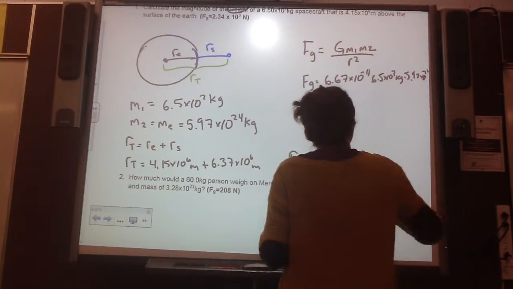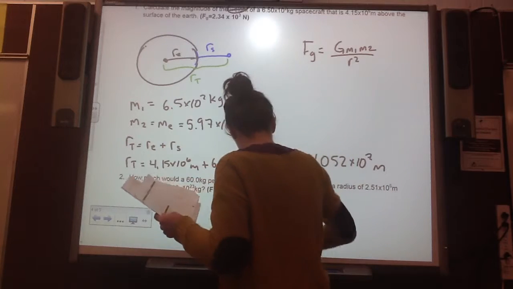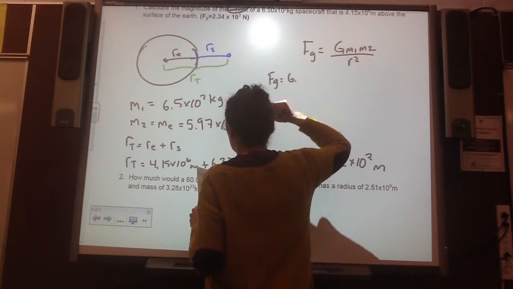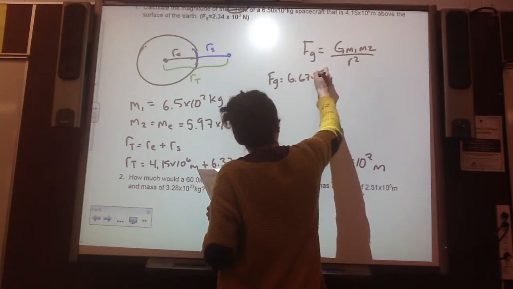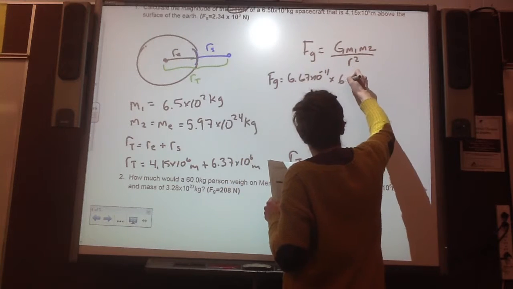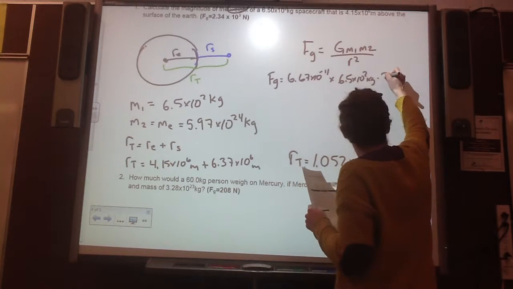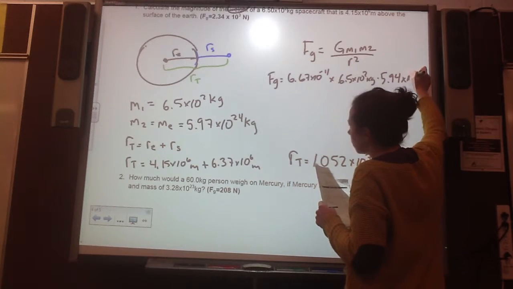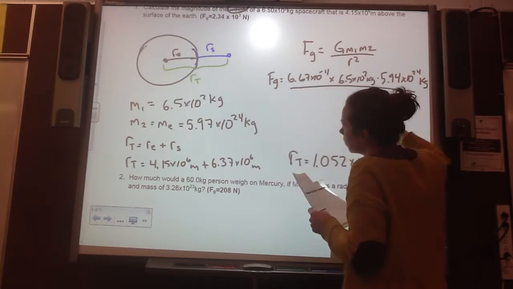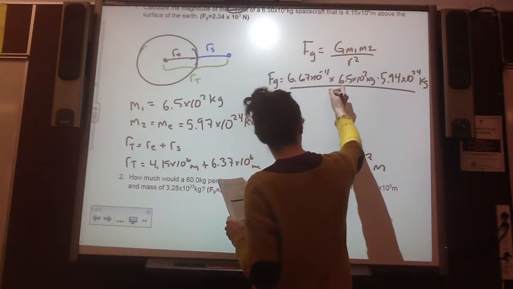Sorry, I'm running out of room there, I'll rewrite it for you. Lots of numbers in these ones. All divided by my RT, which is squared.